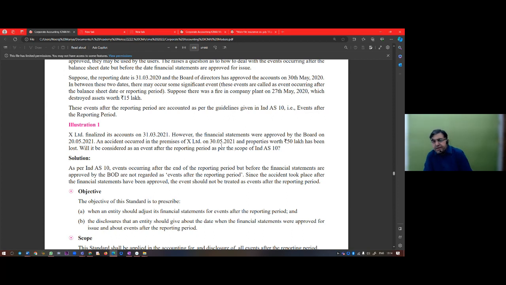It cannot be adjusted in the last year's financial statements. We will call it an event occurring after the balance sheet date. It will not be adjusted in the accounting year 2020-21.